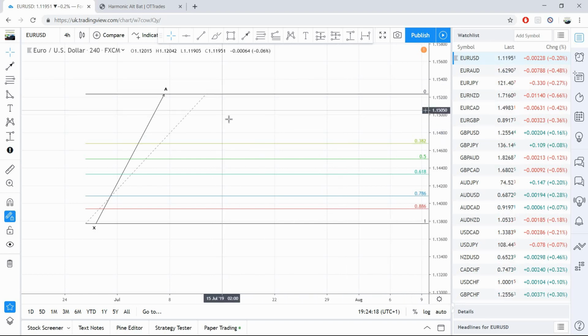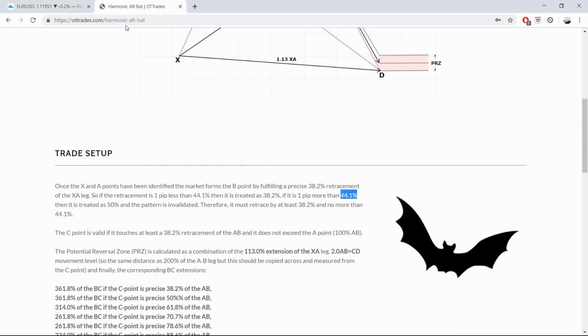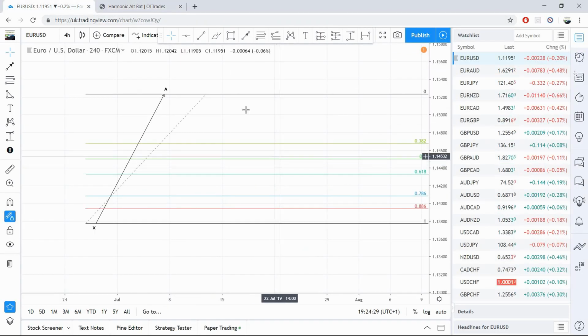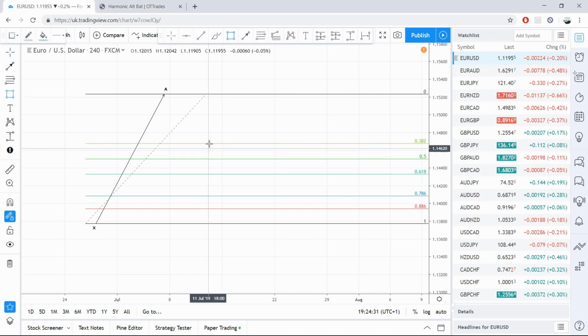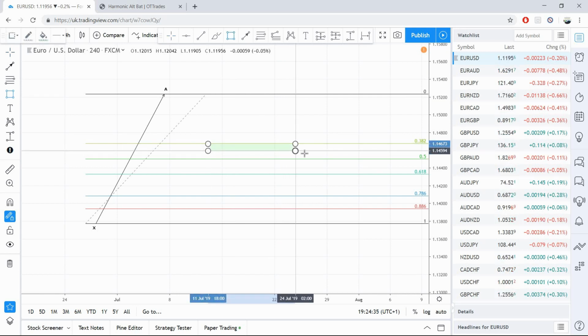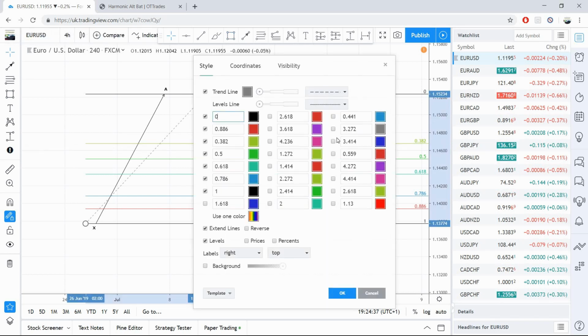So price has to extend to at least the 382 level, and it has to fall 1 pip above that 44.1% level, which is halfway to our 50%. So essentially, price has got to come within this level here. Now I'll put that 44.1% on.